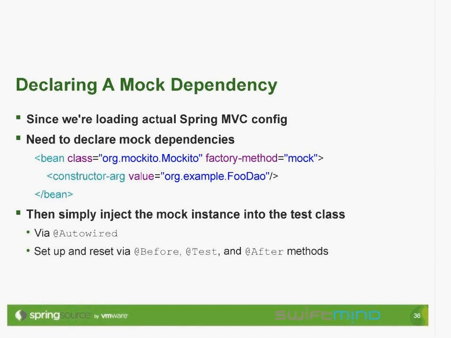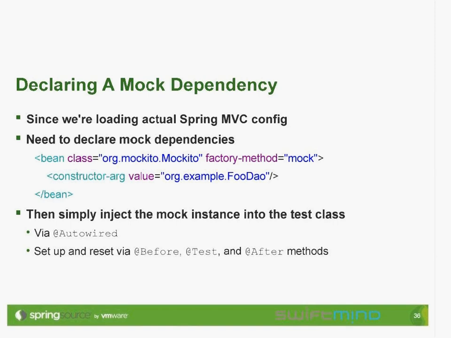Now, in terms of injecting our controllers with dependencies, what we'll have to do is declare mock dependencies in our Spring configuration, and that way we can ensure that these mock dependencies are what gets injected into the controllers. So for example, if a controller depends on a database access object called foo DAO, you can see here a snippet of XML configuration that relies on the Mockito framework, using the factory method mock to prepare a mock instance of that particular class.